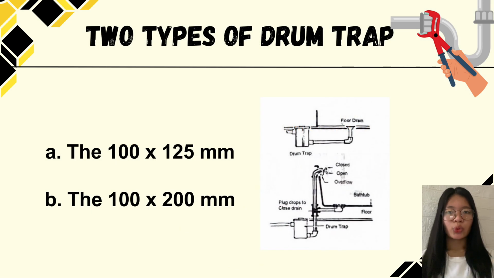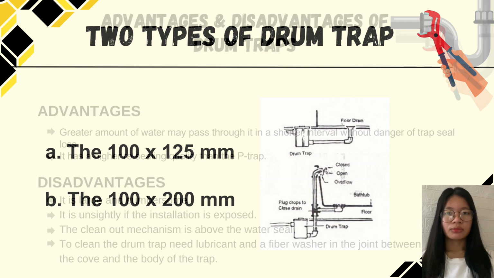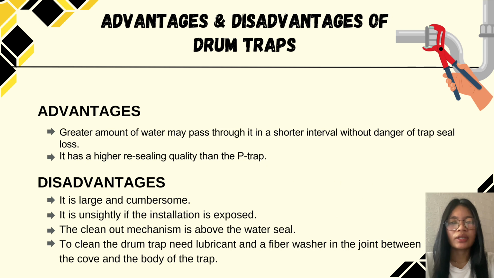So, meron siyang two types of drum traps, 100 mm by 125 mm and 100 mm by 200 mm. So, itong nasa taas is 100 mm by 125 mm, and then itong sa baba naman is 100 mm by 200 mm.